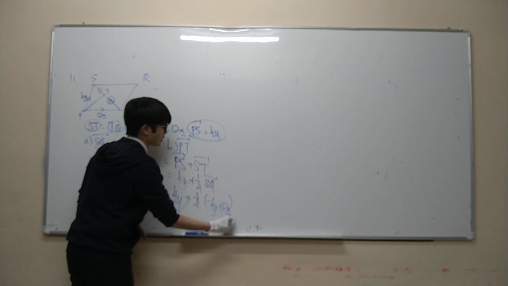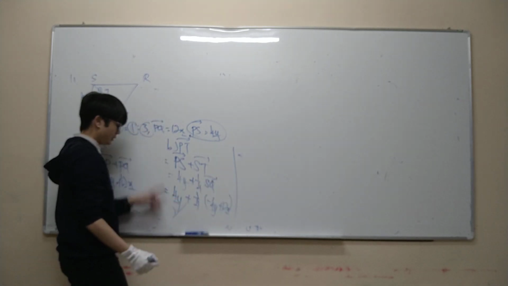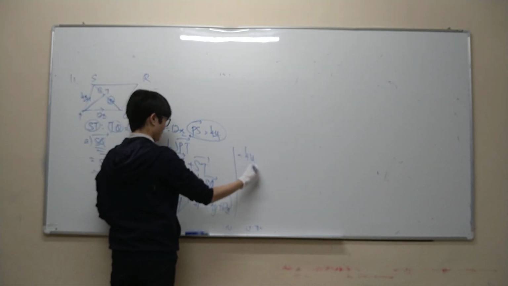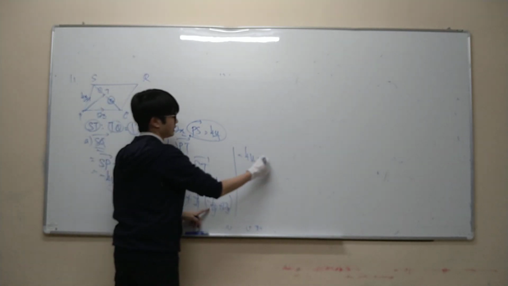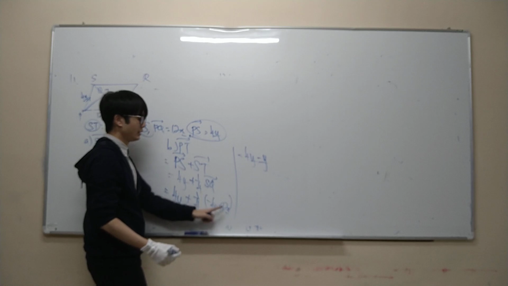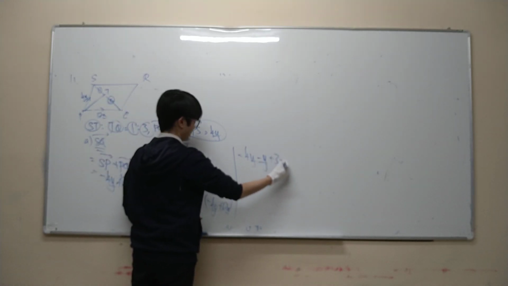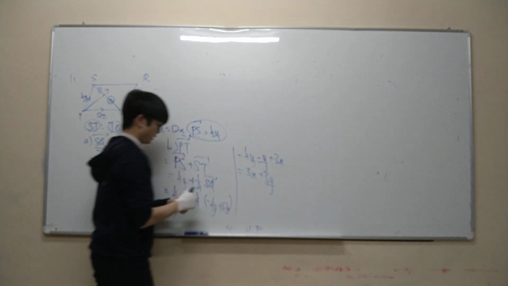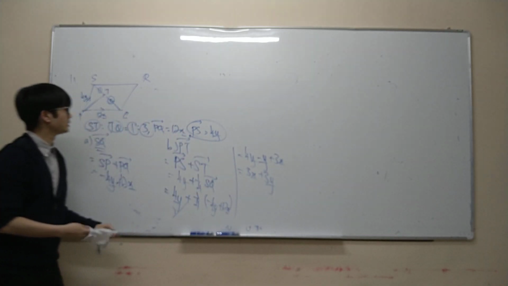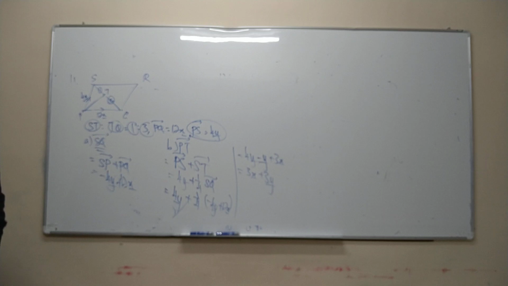So now you can continue here. So 4y times 1 over 4 means divide 4. So bahagi 4, negative 1. So negative y. 12 bahagi 4, 3. So it's 3x. So the answer is 3x plus 3y. Alright? So that's the answer. Okay. Dah, siap.